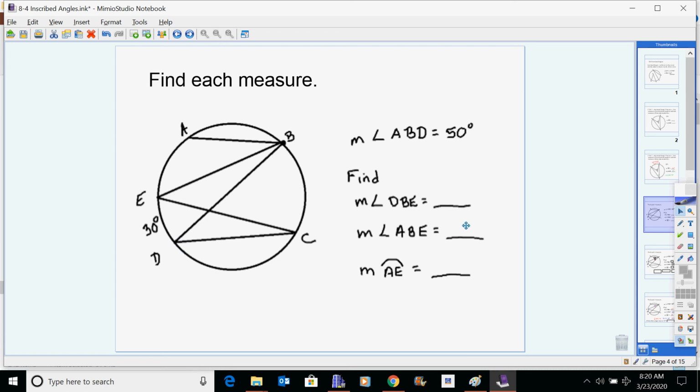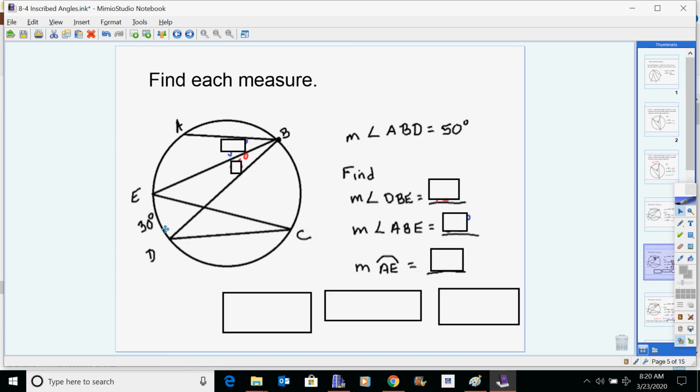So our first question is asking us, if we know that this arc is 30 degrees, then angle DBE, based on our other theorem, would be that divided by 2, which is 15 degrees. Okay, so this is your angle, and this is your arc. The inscribed angle is half of the arc, 15 degrees.